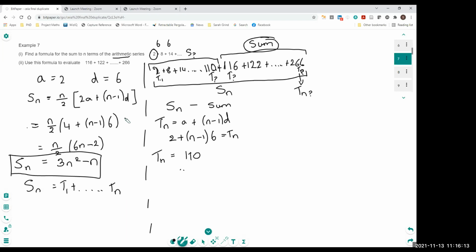We know that the value of it is 110, so that's equal to 2 plus 6n minus 6. Here, this is just the evaluation of it. Okay, so 6n is equal to 114 and n is equal to 19.